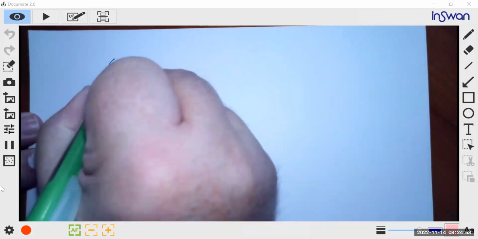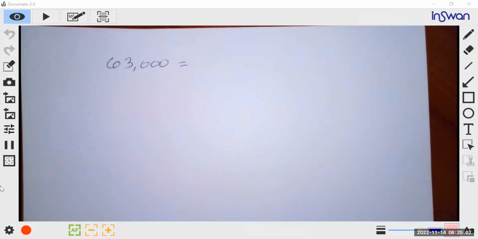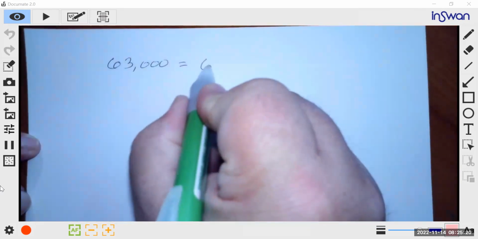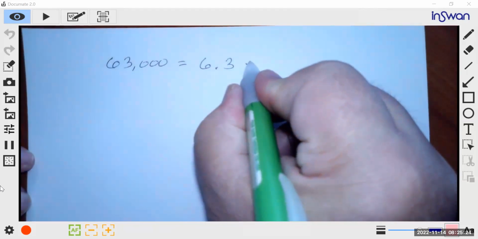If I give you 63,000, how would you write that in scientific notation? What's the number part going to look like? What's the first non-zero digit? 6. So we have 6.3 times 10.